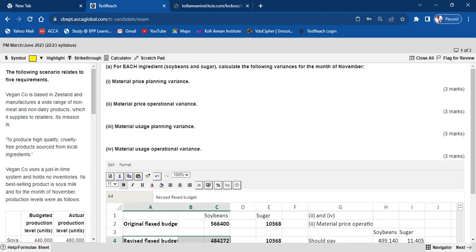So if I go and calculate the total planning operational variance, I won't score anything for it because that was not what they asked me to do. Do you get it, Tahiru? Yeah. In the exam, if you do what you are not supposed to do, even if it's correct, you score nothing. So do what you're asked to do.